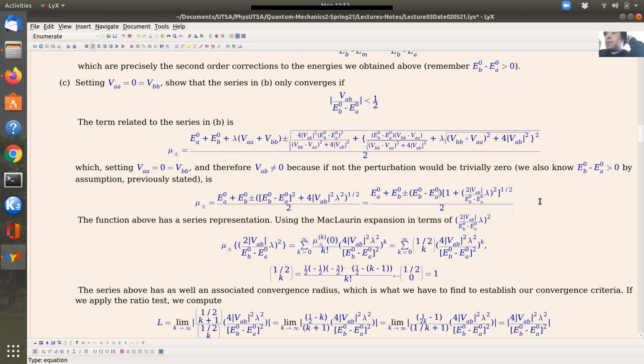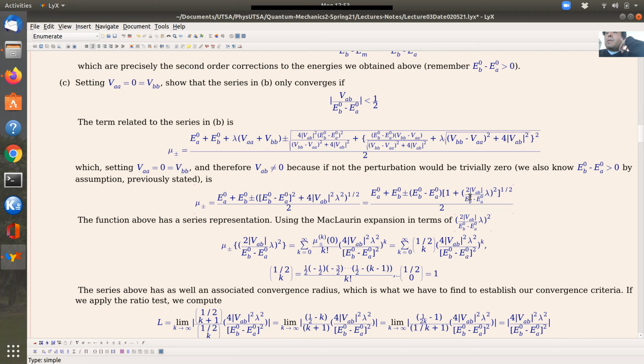The reason this was done is because I want to put it in a nicer fashion, where I have the Taylor expansion or Maclaurin expansion of 1 plus, say, x to the 1/2, where my x is actually the whole thing squared, right?